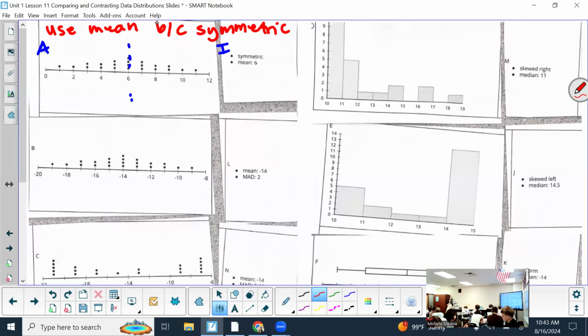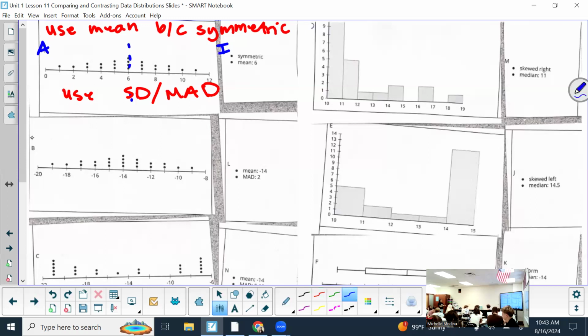So I do need the mean to find standard deviation. I also need the mean to find the MAD. So whenever the data is symmetric, we prefer the mean, standard deviation, and the MAD to describe it, to start knowing moving forward. Questions so far?